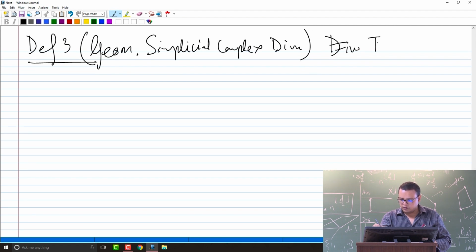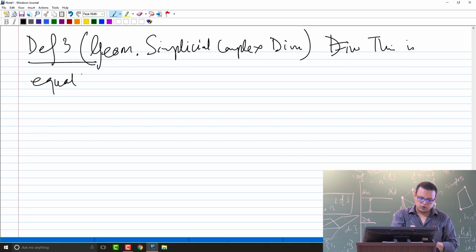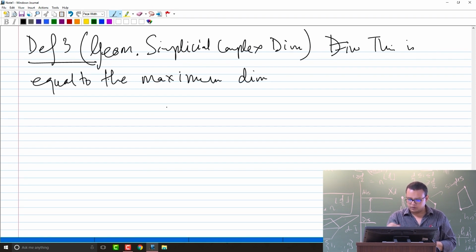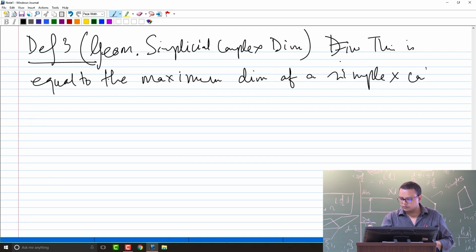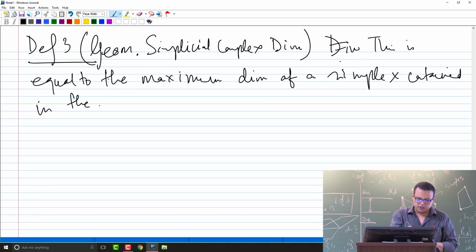This is equal to the maximum dimension of a simplex contained in the simplicial complex.